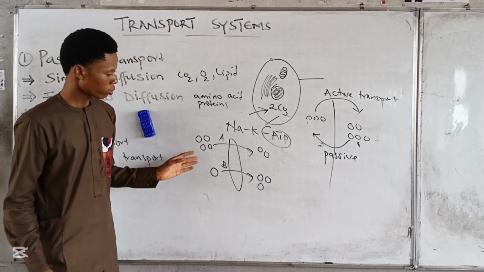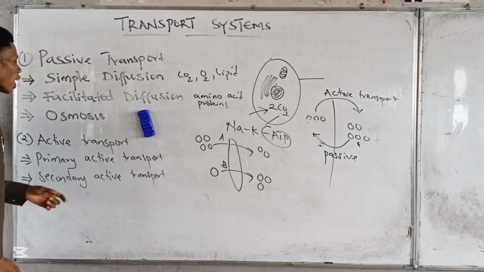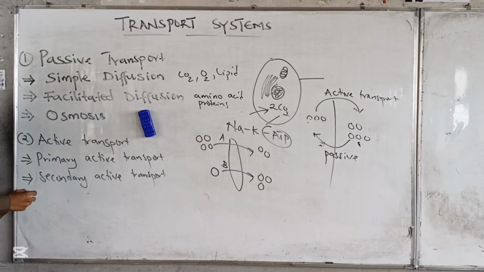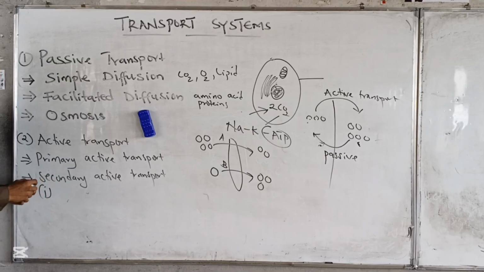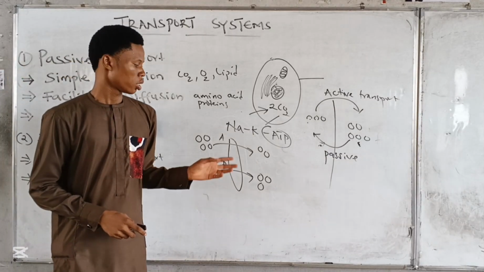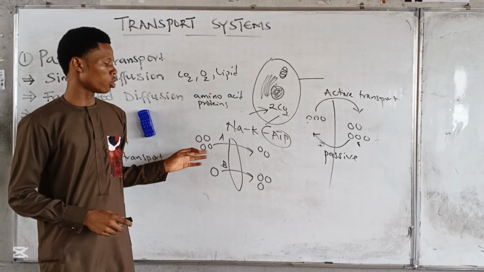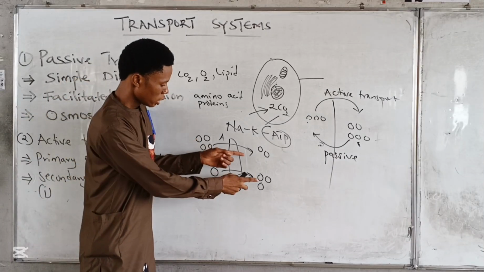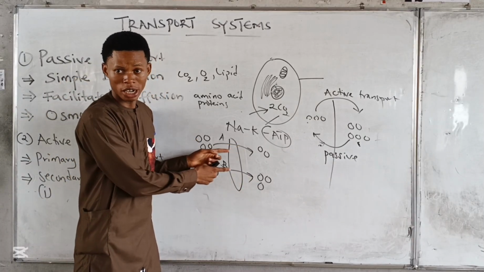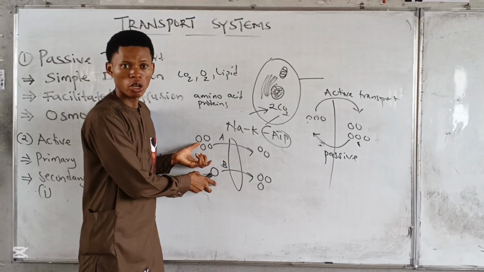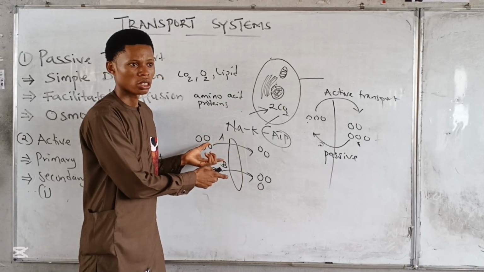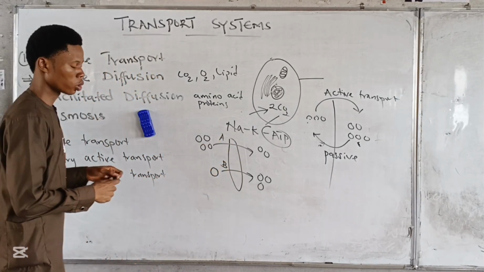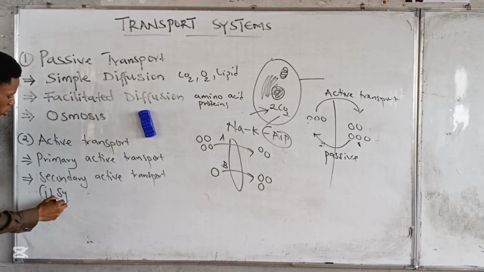But now look at this. Secondary active transport can be of two types. Now look at this. They are transported in the same direction, right? If the two molecules are being transported in the same direction, we call that what? Symport.